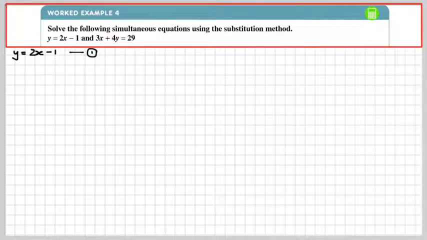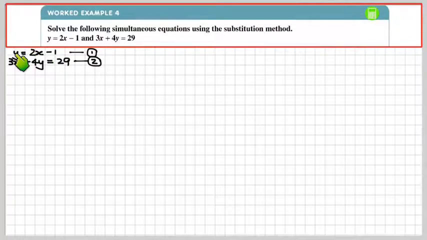Now we've got this equation here, y equals 2x minus 1, and you give it a label, call it equation 1. Then we've got this one here, which is 3x plus 4y equals 29, and we call that equation 2. Now usually you use substitution, guys, when one of these equations is in y equals mx plus c form.